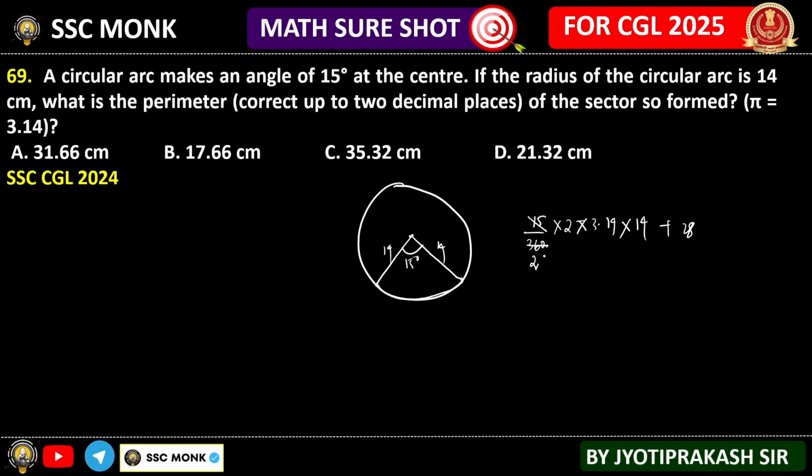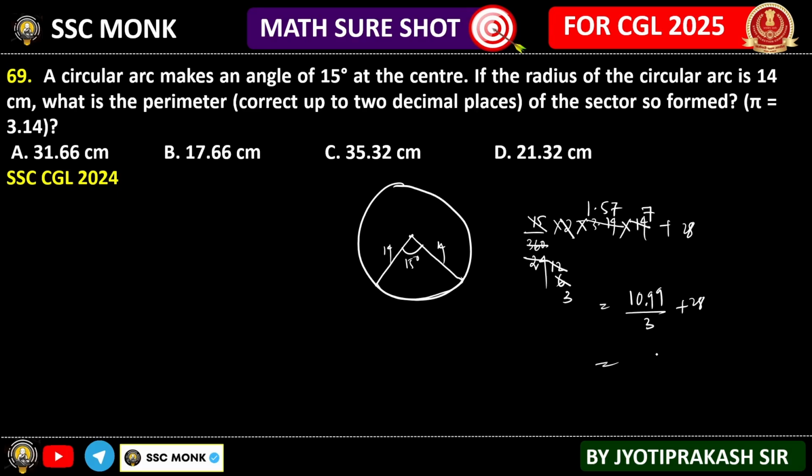15 2s are 30, 15 4s are 60, 2 12s are 24, 2 6s are 12, 2 7s are 24, 2 3s are 6, 2 1s are 2, 2 5s are 10. Okay, so this can be written as 7 into 15, 105 plus 4, 109 divided by 3 plus 28.